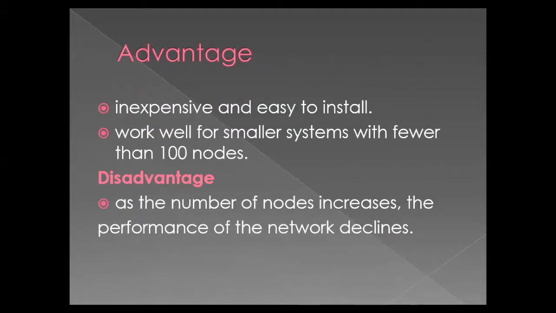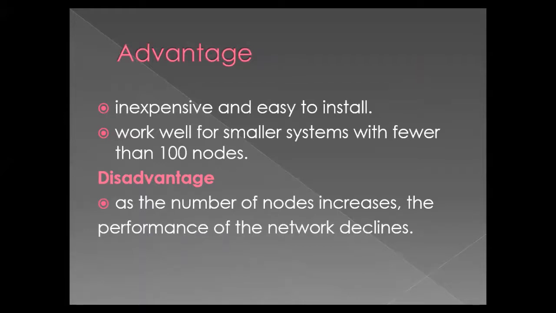Advantage: it is cheap and easy to install. Inexpensive means cheap. It works well for smaller systems with fewer than 100 nodes, that means less than 100 computers. If that is the case, then a peer-to-peer network works very well.